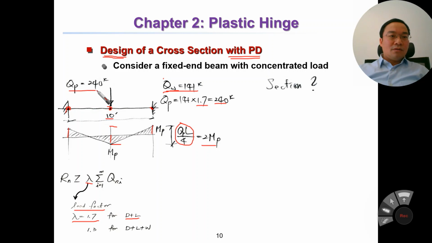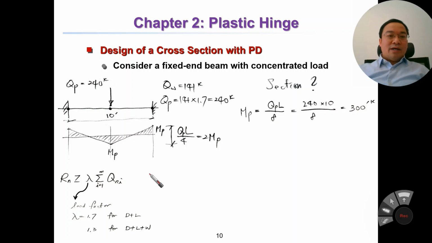So the plastic load is 240 kip. Okay, this is the plastic load requirement. Then we are going to calculate the section to satisfy this load. What is the section?